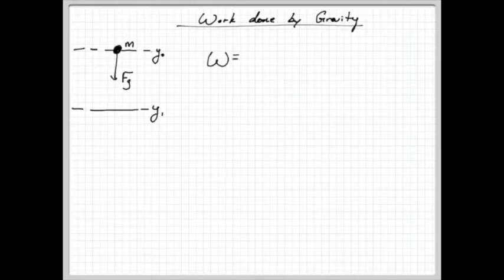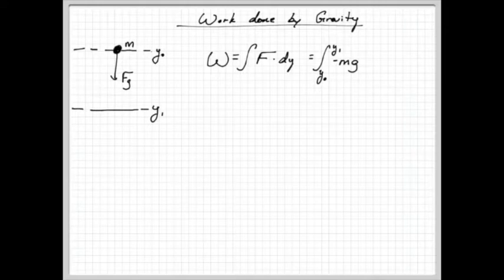If we use our general work equation, it's an integral of the force times the displacement, which in this case is along the y-axis. We start at a position y0 and we end at the position y1. The force is gravity, so that's minus mg.